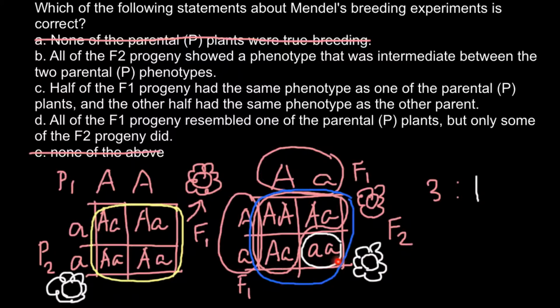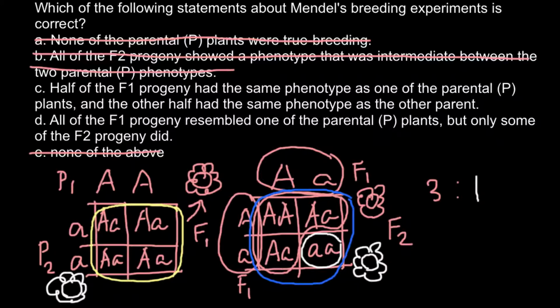There was no blending. These two phenotypes were distinct. Blending would be, for example, if the color of this generation were pink, or intermediate between the parental generation, red and white. So this is also an answer we can cross out.